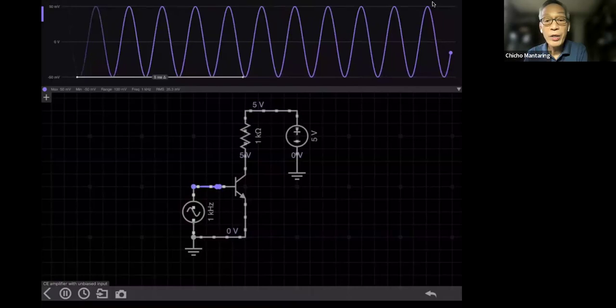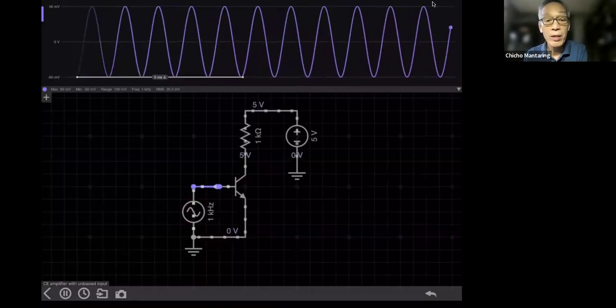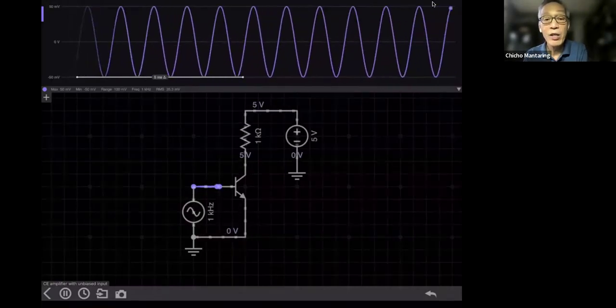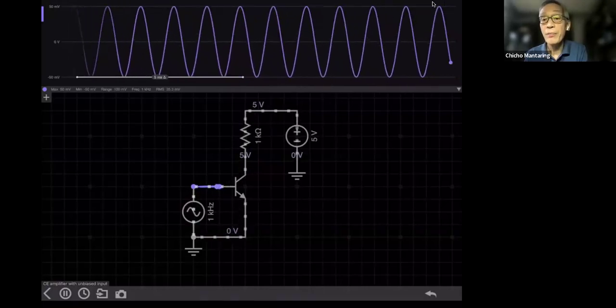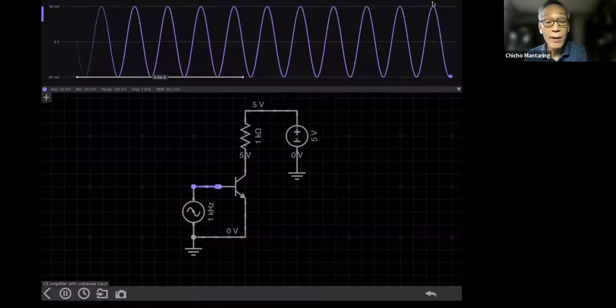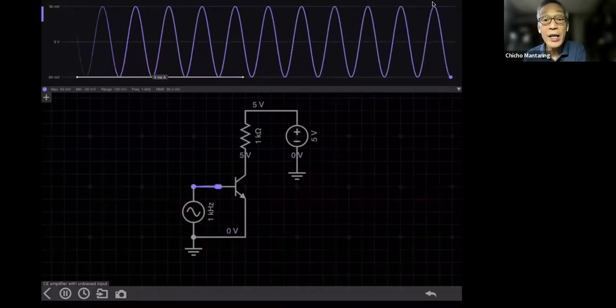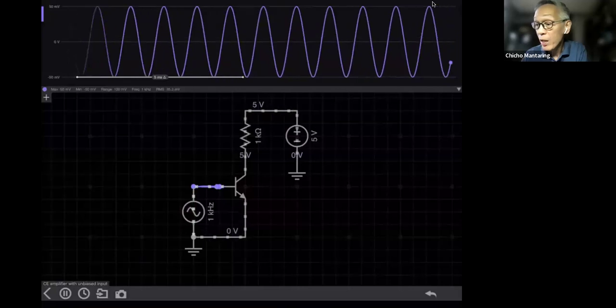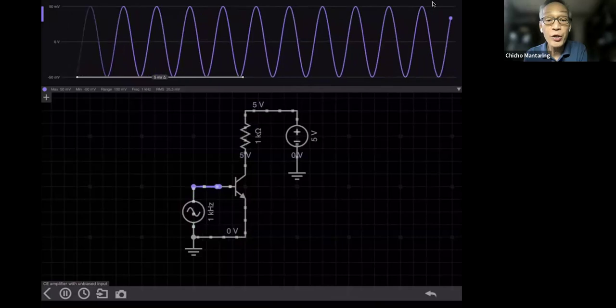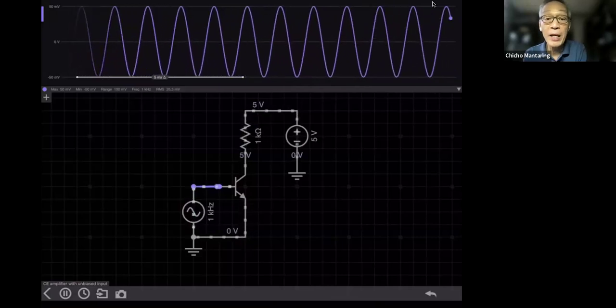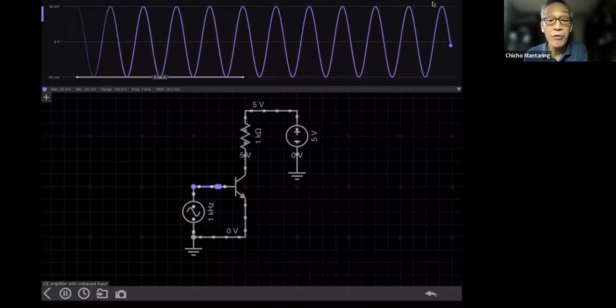Will there be any useful output? What do you think? The answer is no. There's not going to be any useful output. Why? When my input signal is negative, obviously my base emitter junction will be reverse biased, and therefore my transistor will be cut off.